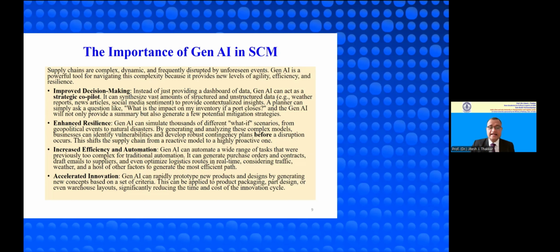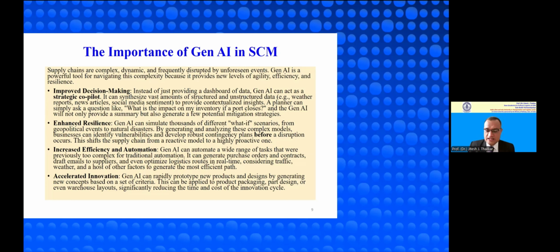Number three, increased efficiency and automation. Gen AI can automate a wide range of tasks that were previously too complex for traditional automation, and it can generate purchase orders, contracts, draft emails to suppliers, even optimize logistic routes in real time, considering traffic, weather, and a host of other factors to generate the most efficient path.